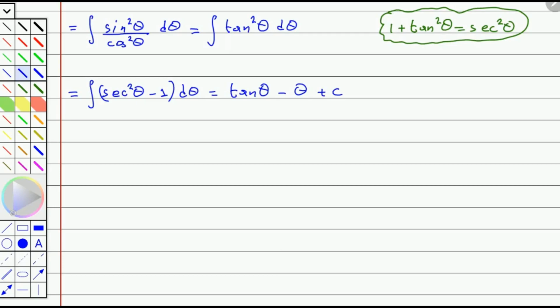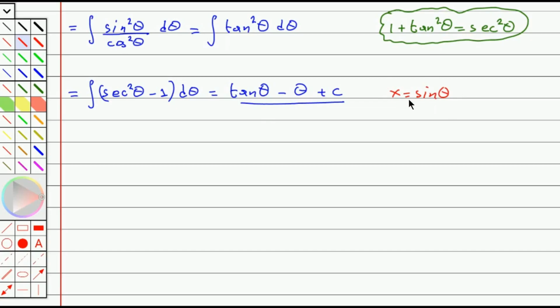so this will become tan theta minus theta plus c, but now we need to find a way to get rid of theta. So let's remember that x is sine of theta, so we don't have tangent of theta directly, and we also don't have a relationship about theta.